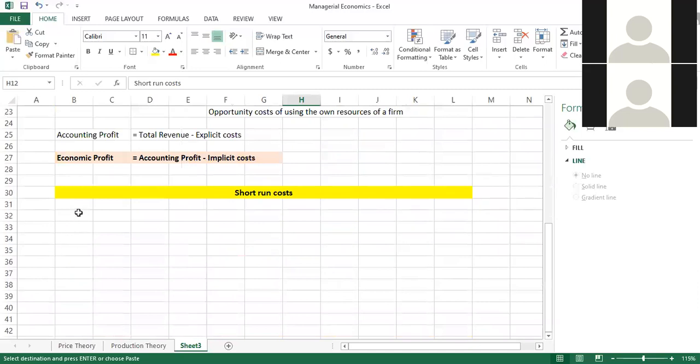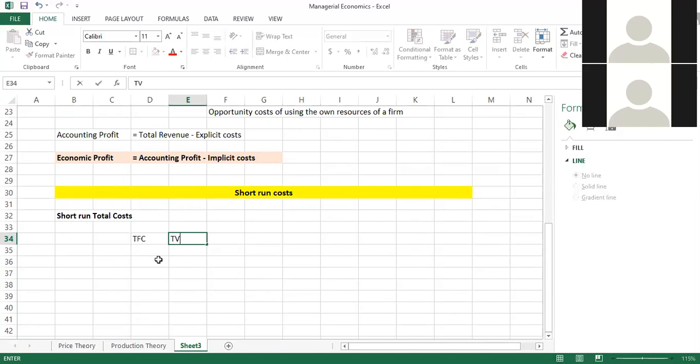When we analyze short run total cost curves, there are several short run total cost curves. So what are the main total cost curves? We have total fixed cost and total variable cost.